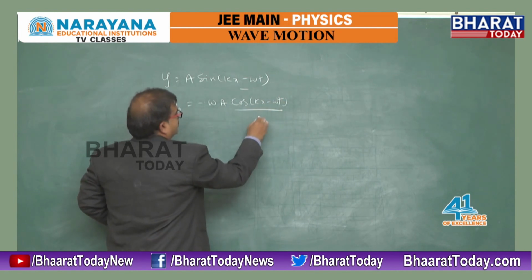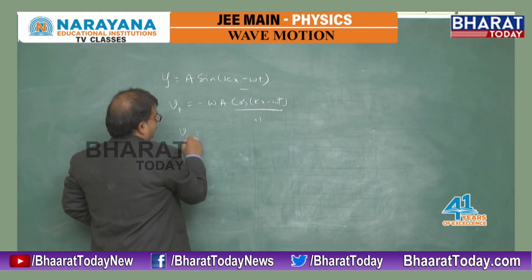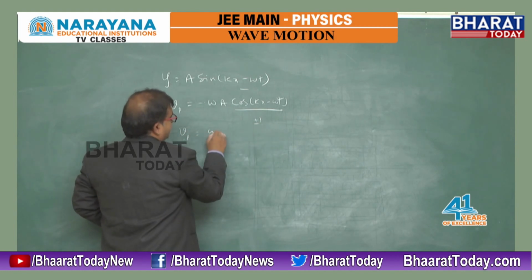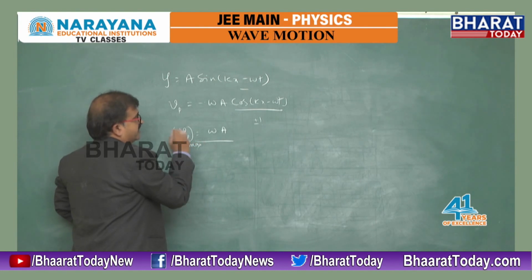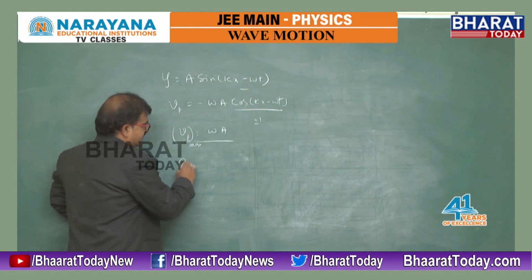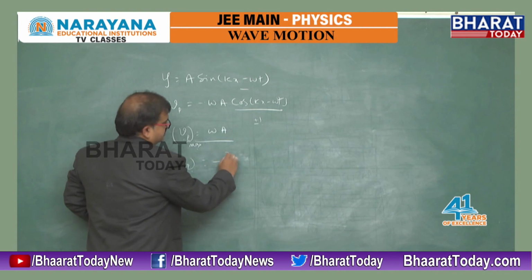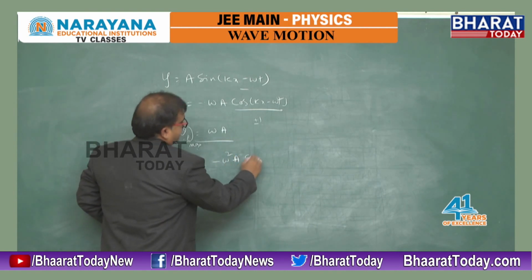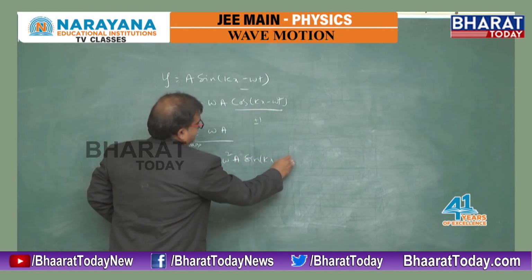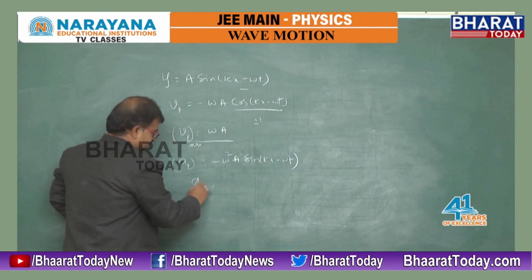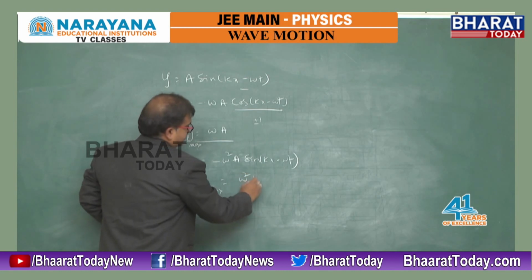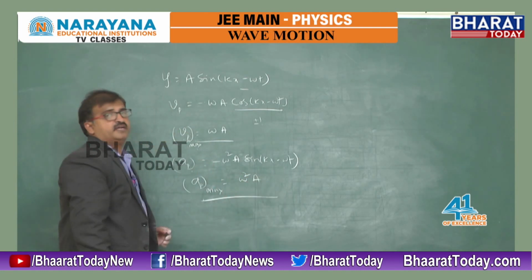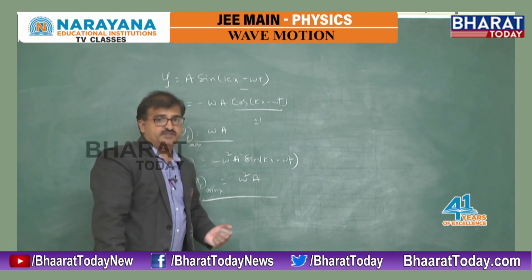The maximum value of cos is 1, so the maximum velocity of the particle will be omega a. Similarly, the acceleration of the particle is equal to plus omega square a sin(kx minus omega t), so the maximum acceleration of the particle is omega square a.